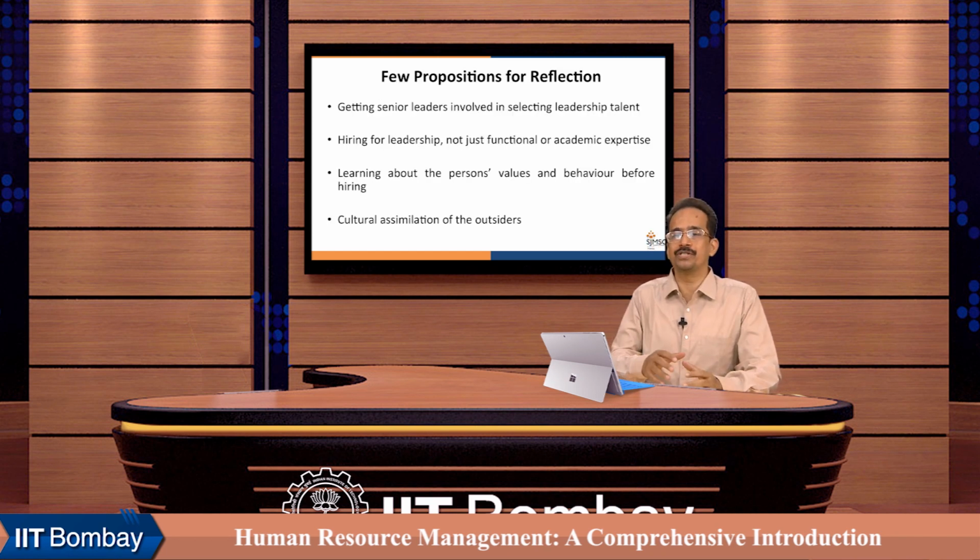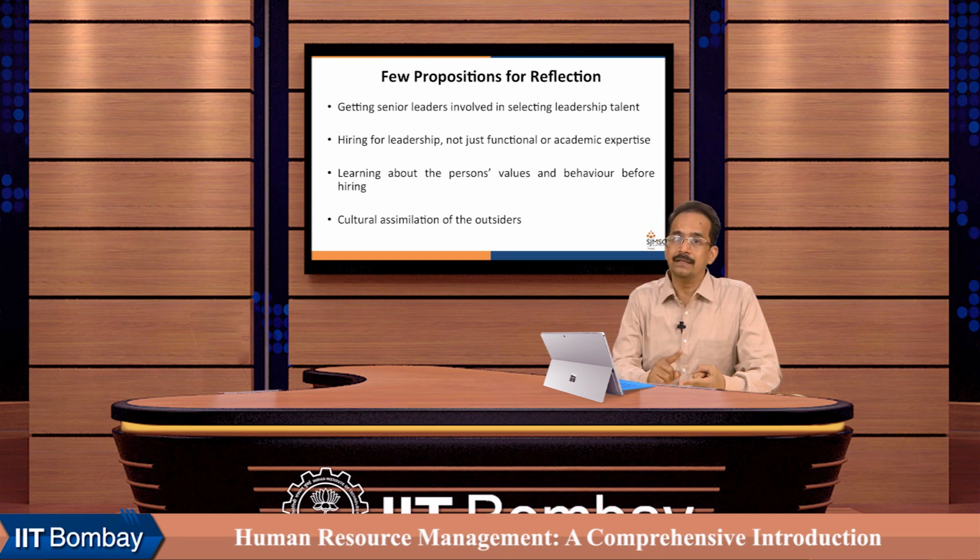There are a few propositions for reflection at this point of time. Talent management process requires senior leaders' involvement. So, selecting leadership talent depends a lot on getting seniors also involved in the process. This is because of many reasons. Number one, senior leaders have an idea what is needed in the organization.